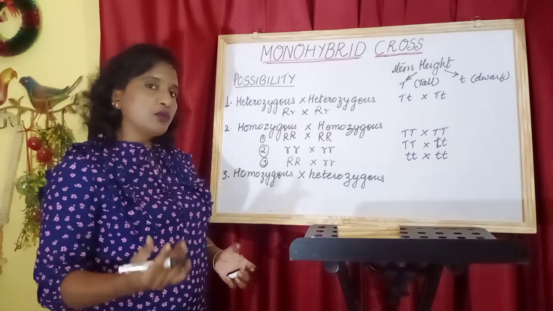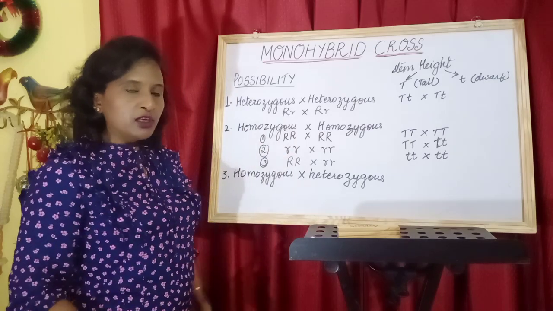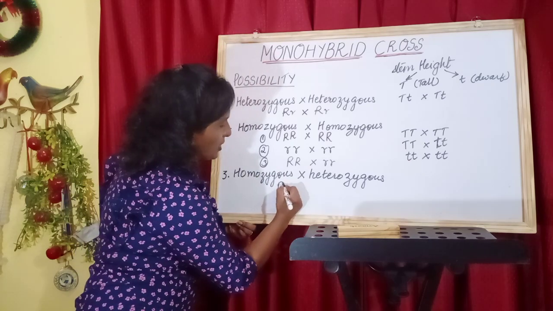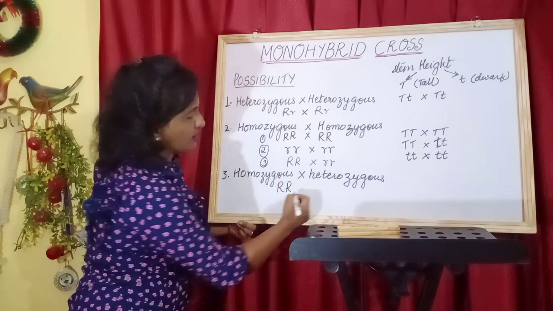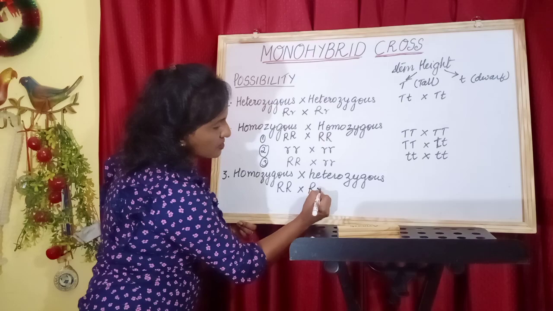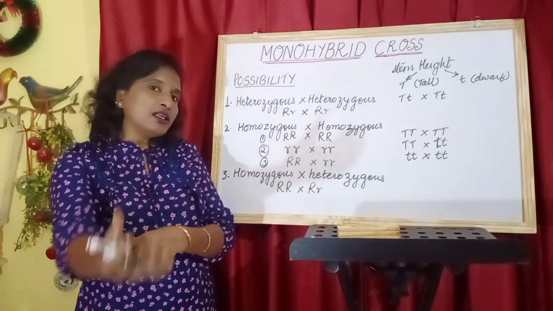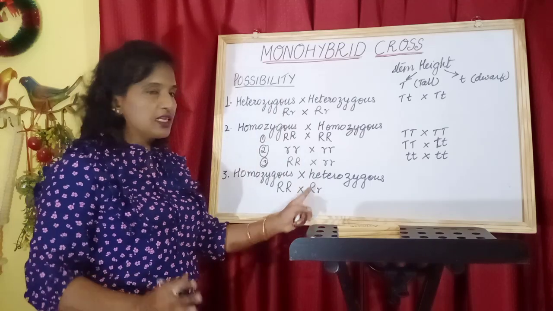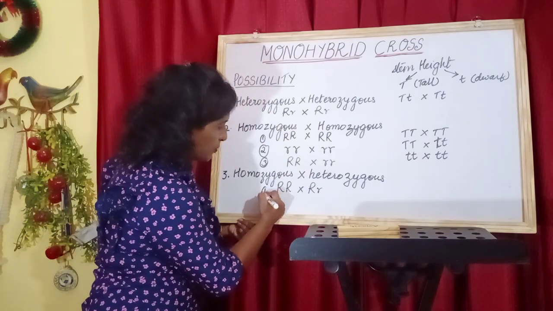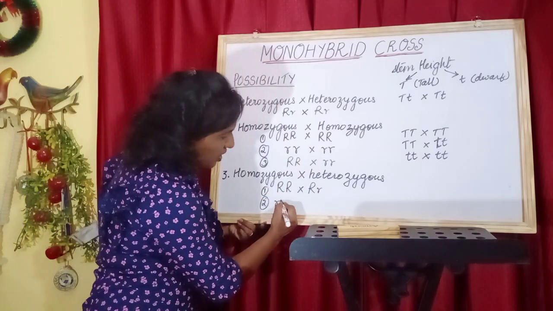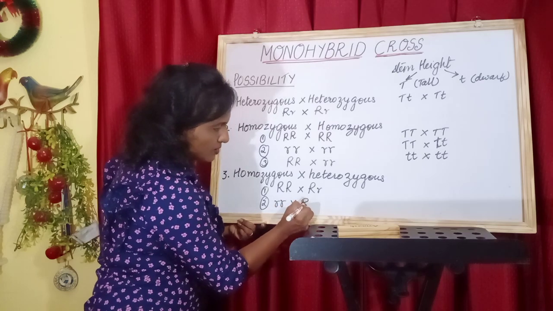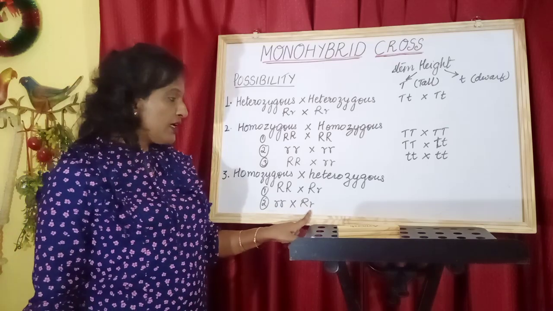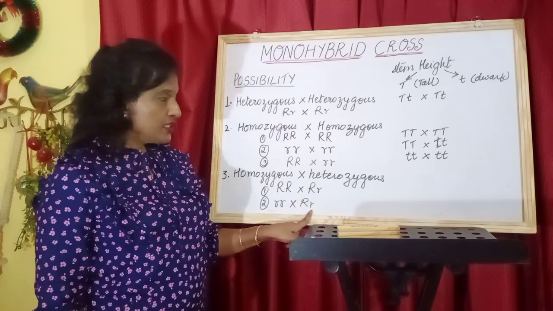Another possibility, the problem may be asked for any competitive exam, is homozygous, so I'll take capital R crossed with heterozygous. For heterozygous there are no other letters which we are using, so there can be only one individual, that is capital R, small r. Another possibility is small r crossed with capital R, small r. Wrinkled seeds can be crossed with heterozygous round seeds.